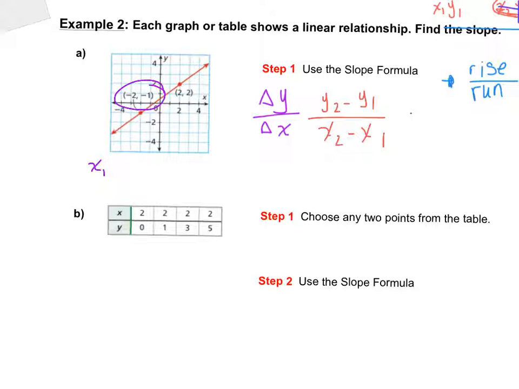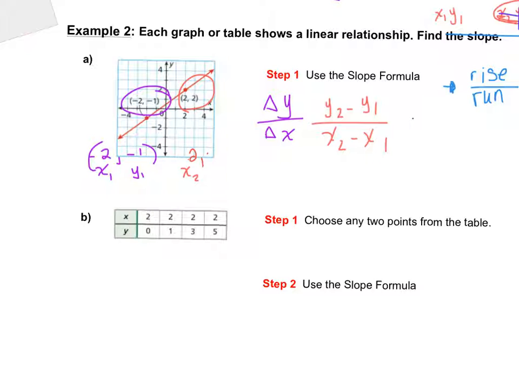That means x1 is equal to -2 and y1 is equal to -1. So when I go to plug in y1 and x1, I'm going to make sure that I'm plugging them into this location. The second point is 2, 2. That means x2 is 2 and y2 is also 2 because of the location.